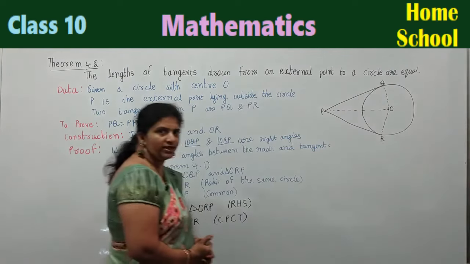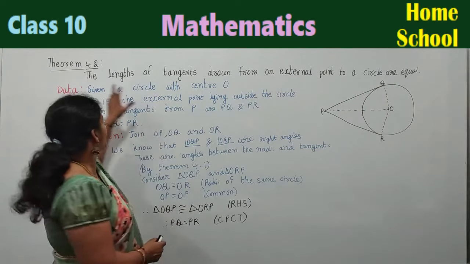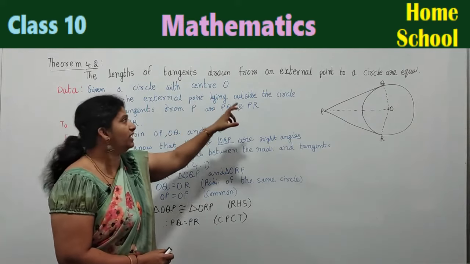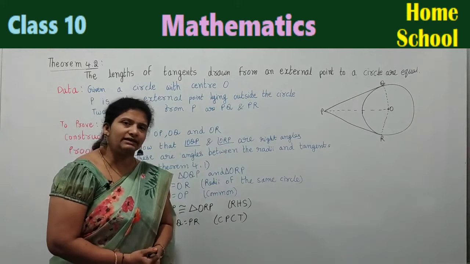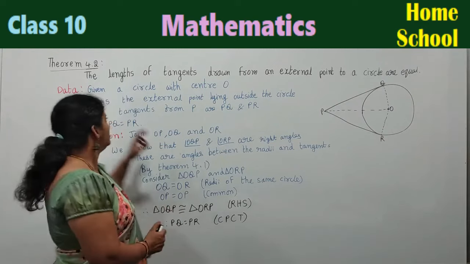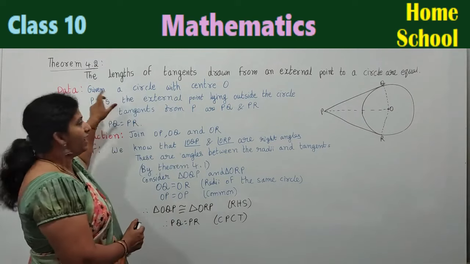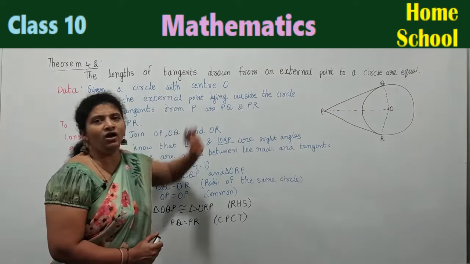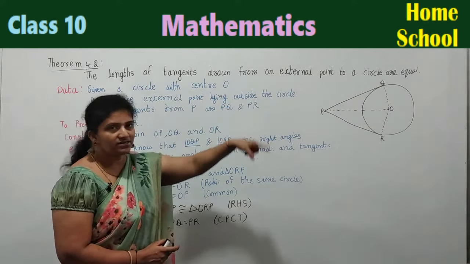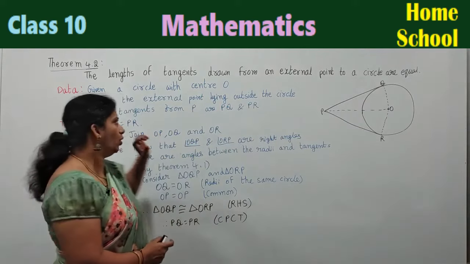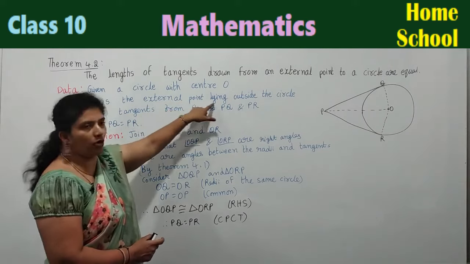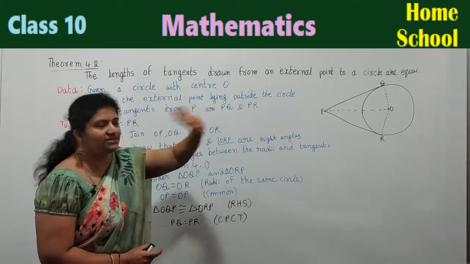How can we prove, children? Once again read the statement. The lengths of the tangents drawn from an external point to a circle are equal. What is the data given here? Given a circle with center O and P is an external point lying outside the circle.